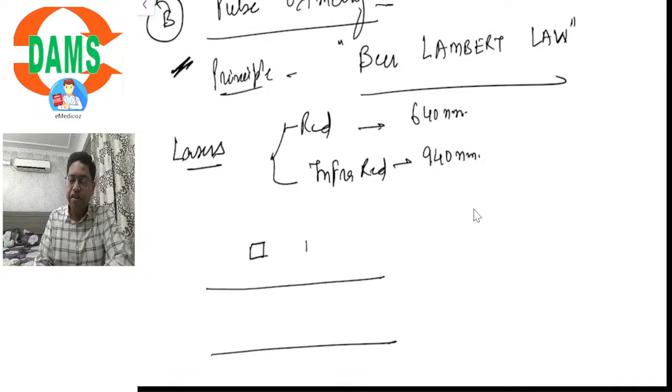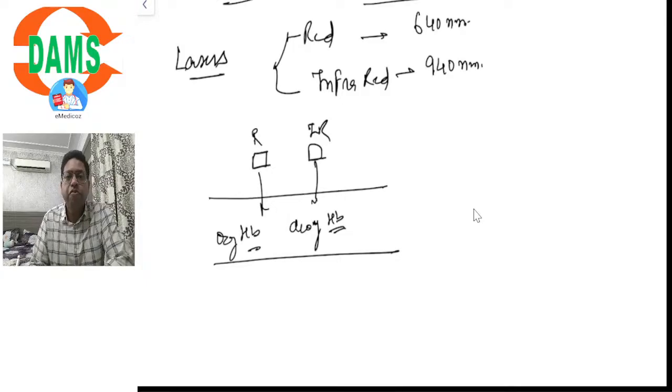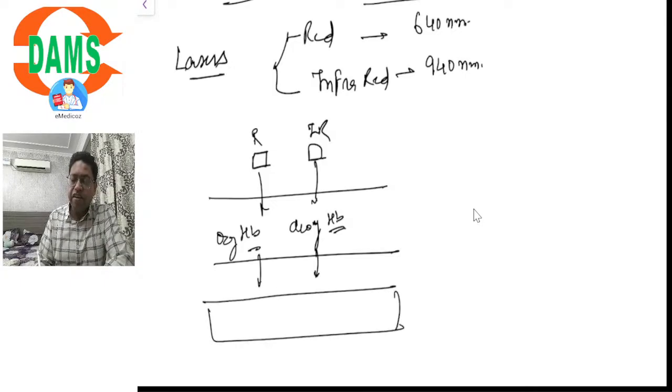From one end, the two lasers, red and infrared, are fired into the vascular bed, and depending upon the presence of oxy and deoxyhemoglobin, the blood consisting of two types of hemoglobin, the amount of light that comes out from the opposite side is read by a photodetector.